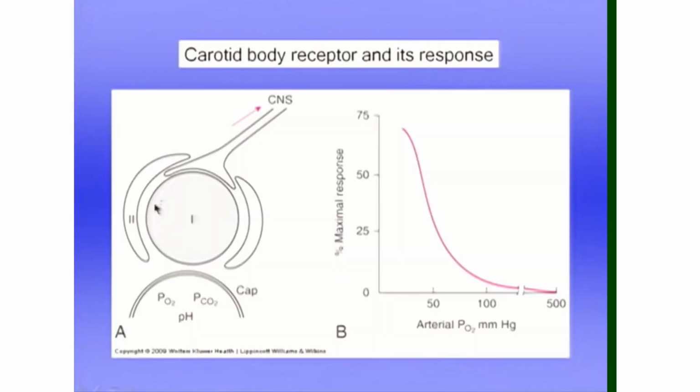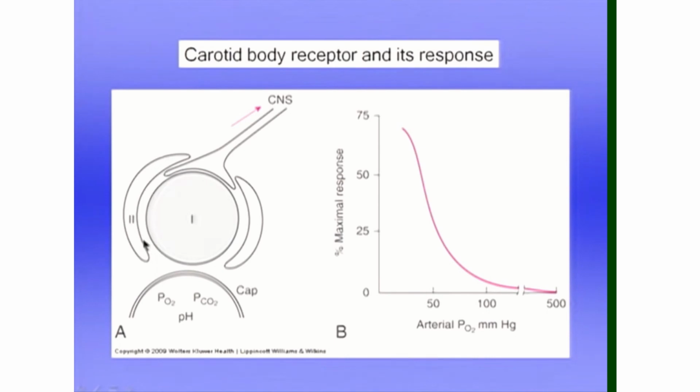So let's look at the carotid body chemoreceptor in more detail. Here's a diagram of it. You can see there are two types of cells, called glomus cells, and the type 1 glomus cells show a strong fluorescent reaction because of the presence of high concentrations of dopamine in them. There are also type 2 glomus cells.